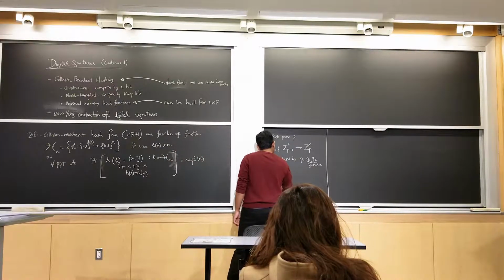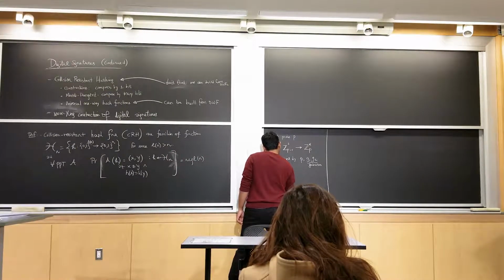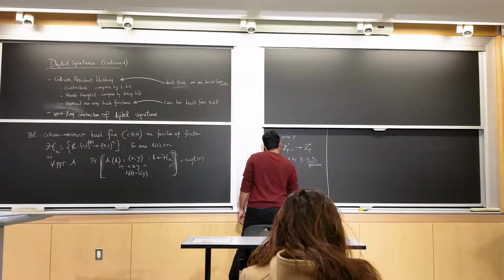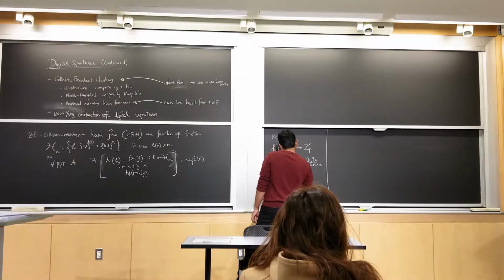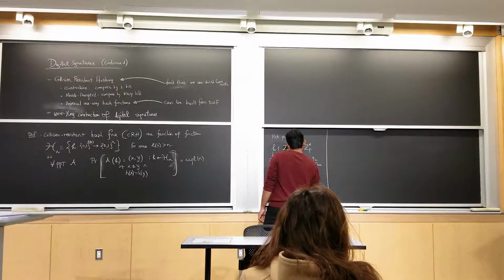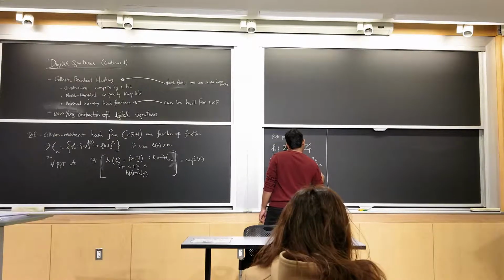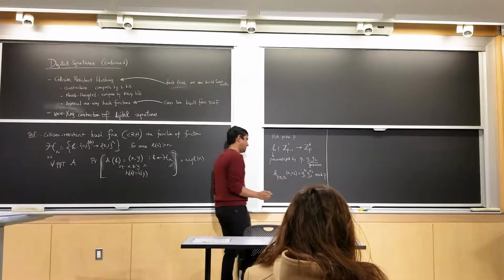The function H sub p, g1, g2 takes as input x1, x2, and outputs g1 to the x1, g2 to the x2. This is what we said.